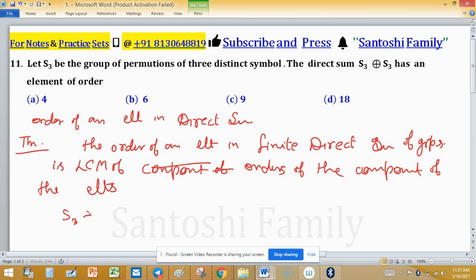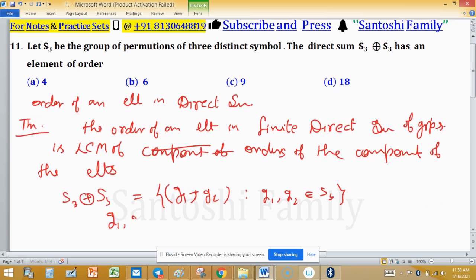Here, S3 direct sum with S3, an element looks like (G1, G2), where G1 and G2 come from S3. So the order of (G1, G2) will equal the LCM of the order of G1 and the order of G2.